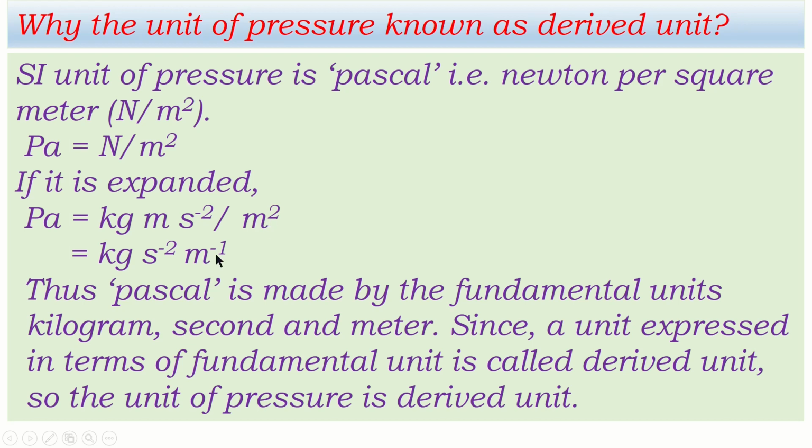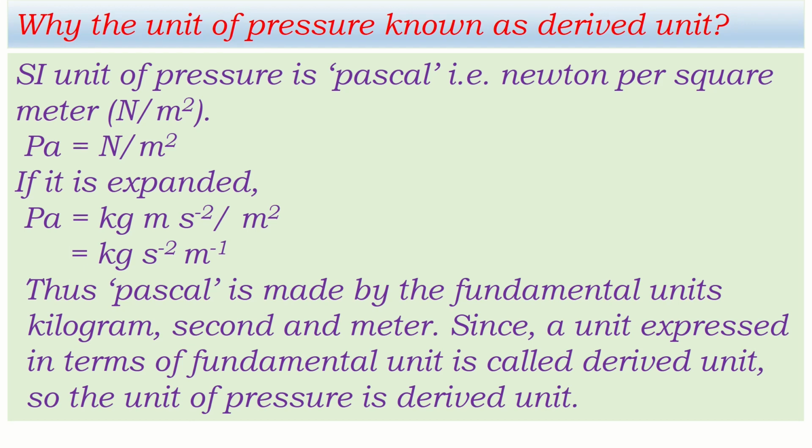That's why meter to the power minus 1 is written, and second to the power minus 2 is present. Looking at all these, they are fundamental units. Thus Pascal is made by the fundamental units kilogram, second and meter. Since a unit expressed in terms of fundamental units is called a derived unit, the unit of pressure is a derived unit.